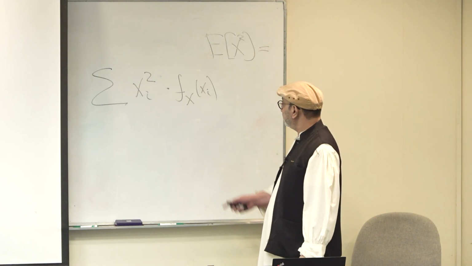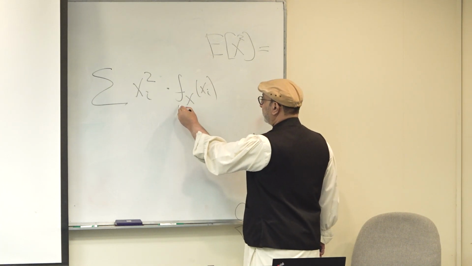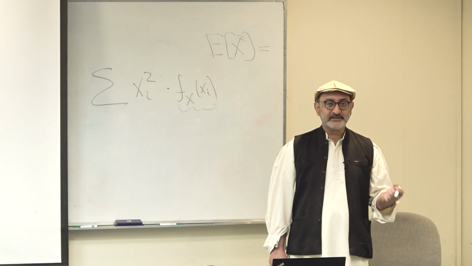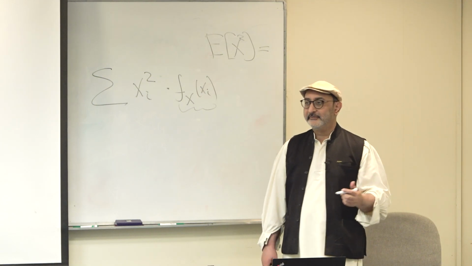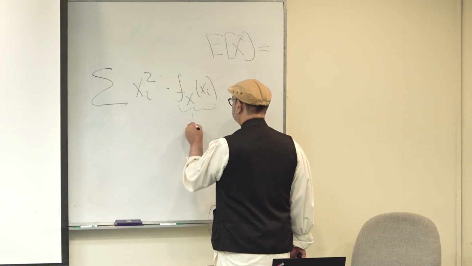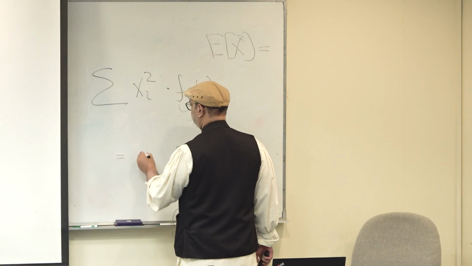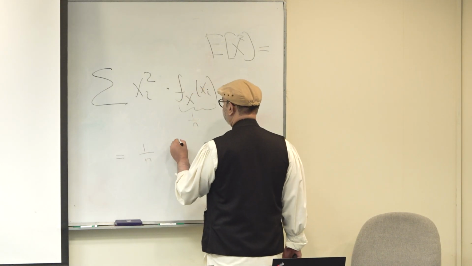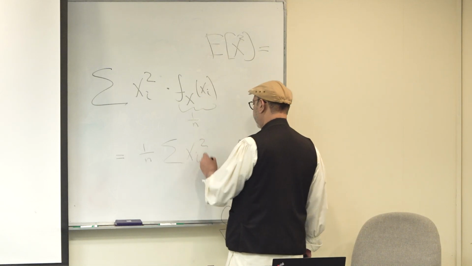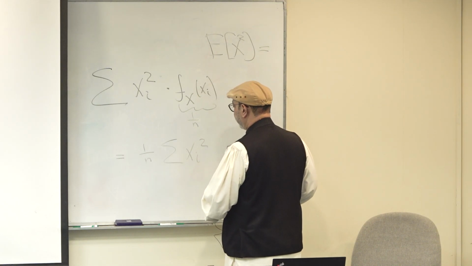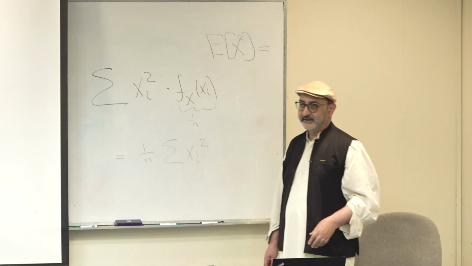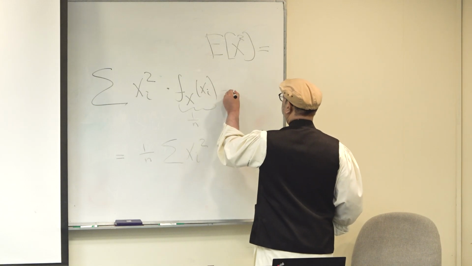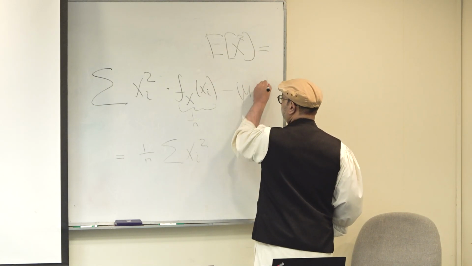Now, it's a uniform random variable with n possible outcomes. So what's this probability? 1 over n. So we can pull the 1 over n outside, and we have the summation of xi squared. So this is the average of the squares of the values, right? And then you're supposed to subtract off the expectation squared.